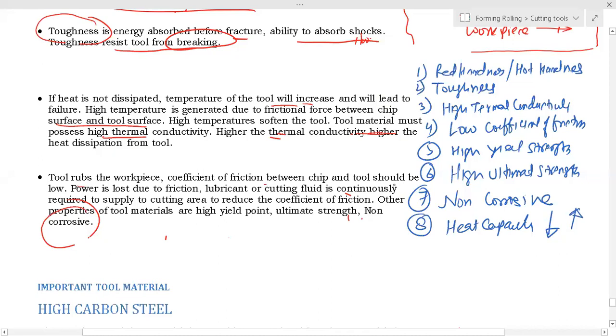CBN. I am not talking about the CBN now. I am talking about the general tool material. CBN or HSS, everything we will discuss. Heat transfer is high.